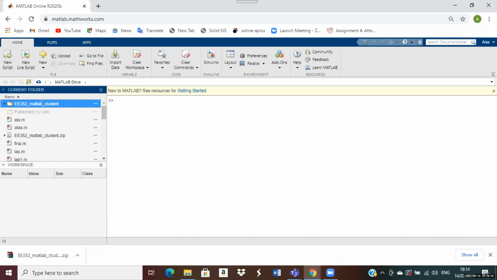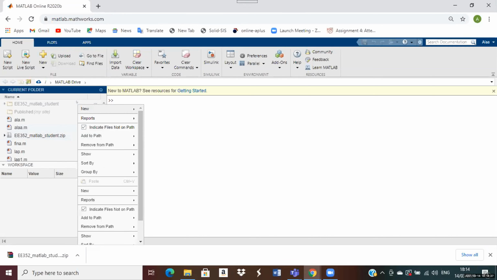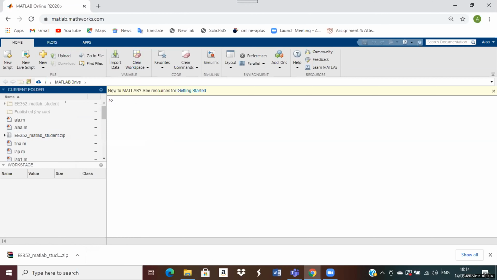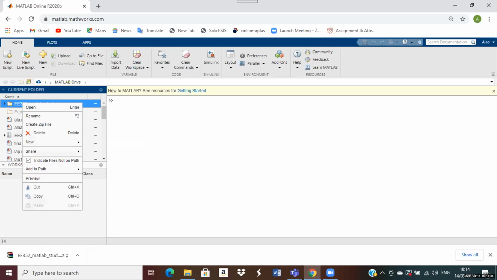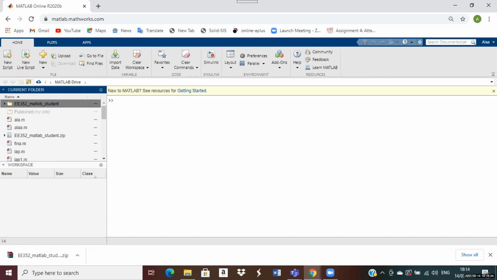You see this? Again, right click on it and then click add to path. Right click on this folder, click add to path, and then select this option. Now it's ready.